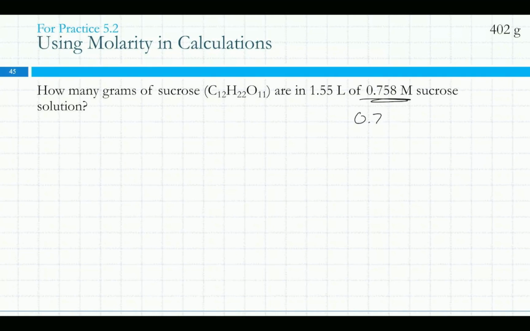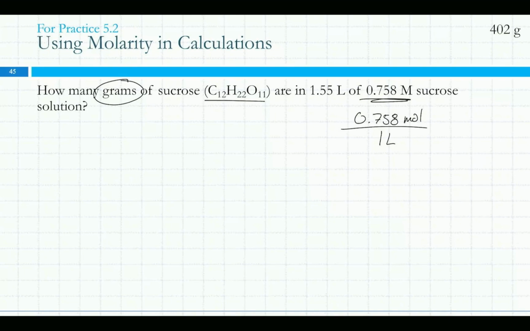Okay, so this is moles per liter. So rewrite it as 0.758 moles per 1 liter. And we're asked for grams of sucrose. So if we have the chemical formula, we can always convert between moles and grams. And now I have a conversion factor here, 0.758 moles per liter.